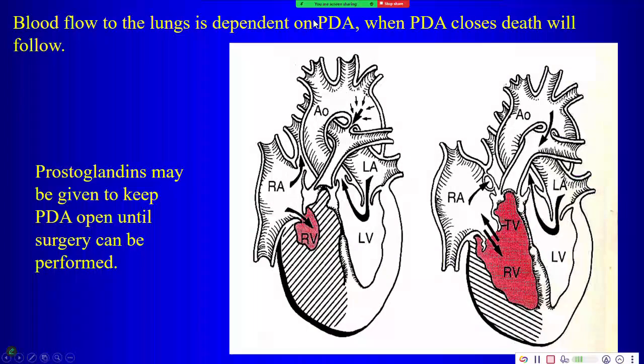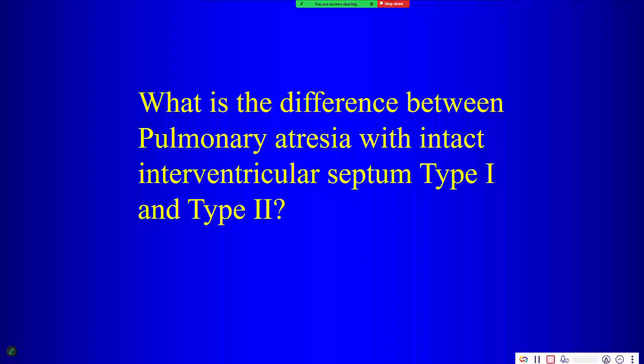So in this condition, the blood flow to the lungs is dependent on the PDA. When the PDA closes, death might result. And so that's why babies born with this might be given prostaglandins to keep the PDA open until surgery can be performed, because that's what's supplying blood to the pulmonary circulation when you have pulmonary atresia in these cases.